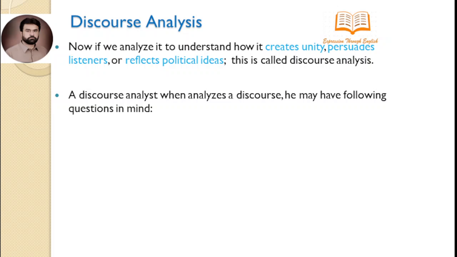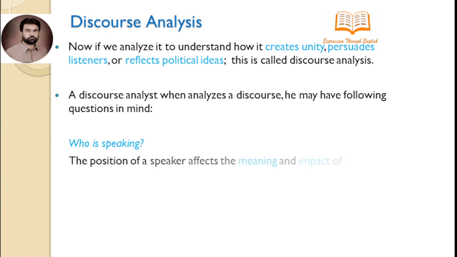When a person analyzes a discourse as a discourse analyst, he may have some questions in mind. For example, when he analyzes the discourse, the first thing he asks is who is the speaker, or who is speaking. Why?